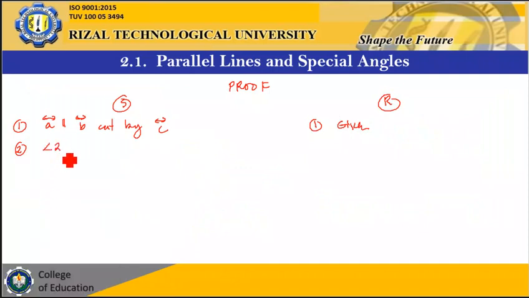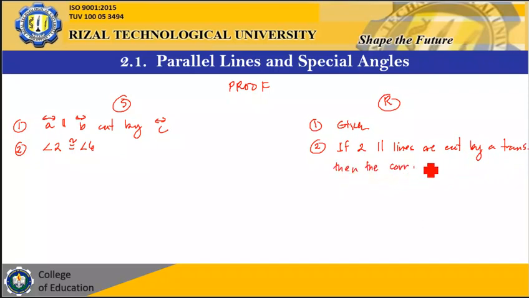So angle 2 is congruent to angle 6. And the reason is, if two parallel lines are cut by a transversal, then the corresponding angles are congruent.